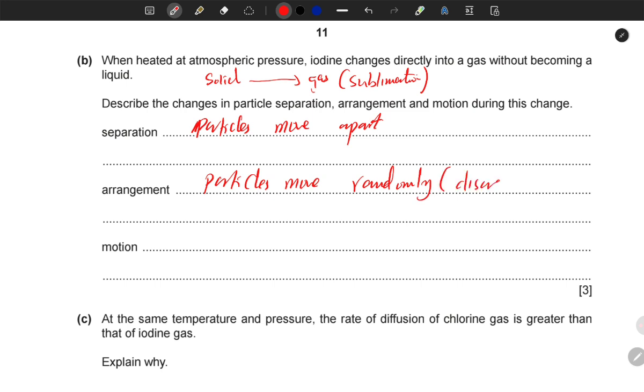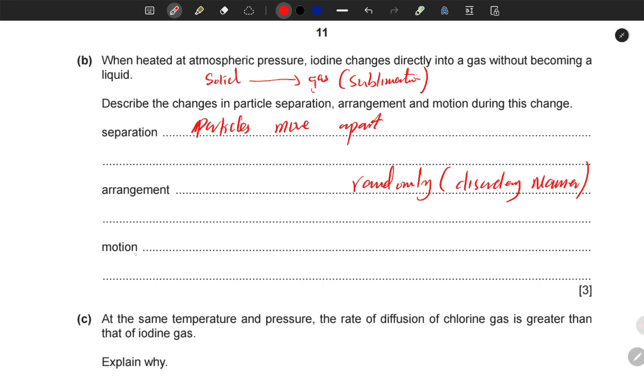As for motion, they are random. That's how they are arranged. It's a random arrangement, a disorderly arrangement.